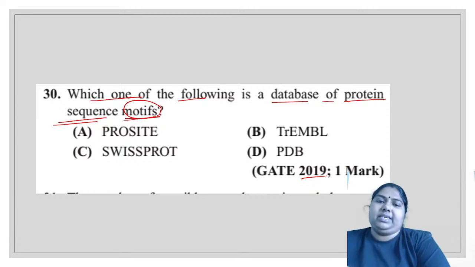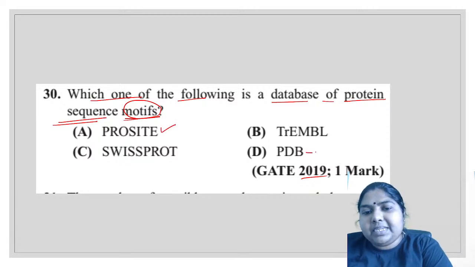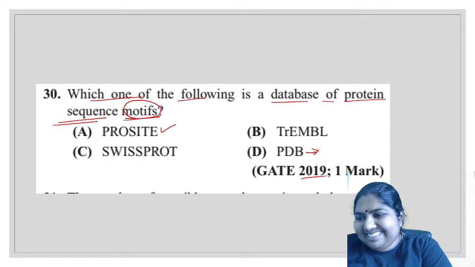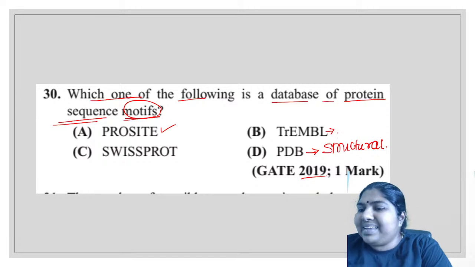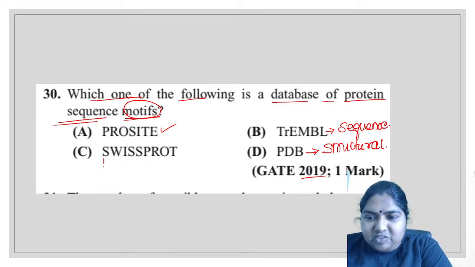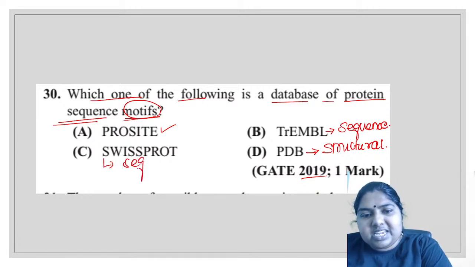Now you are going to tell me, what about PDB? Good, Kunal. PDB is a structural database. Yes, Ansh, very good. What about TREMBL? TREMBL is a sequence database, isn't it? Swiss Prot is also sequence and primary, isn't it?